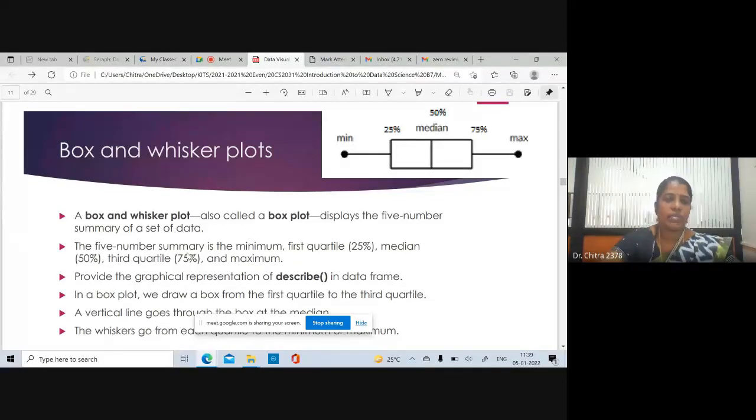The next one is the box and whisker plots. This is one kind of plot that gives the analysis of data, that gives the distribution of data. What's the minimum value of data in the spreadsheet? So many values are given. Suppose different age groups are given for a person, you want to identify in which age group. For example, consider the diabetes data set.